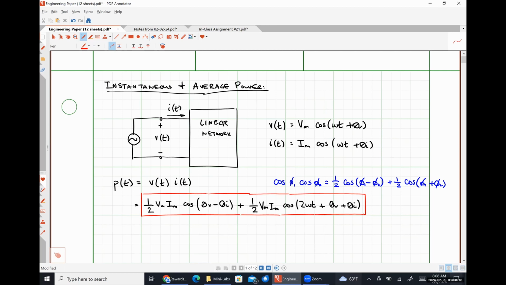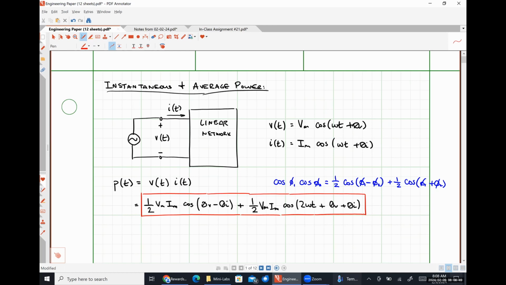And in order for us to apply this equation, we need to know both the phasor voltage drop across our network of interest and the phasor current flowing through our network of interest, right? So even though we have a time domain relationship here, because it's a function of time, we're still going to use our frequency domain circuit analysis in order to figure out the pieces that go into this equation, okay?